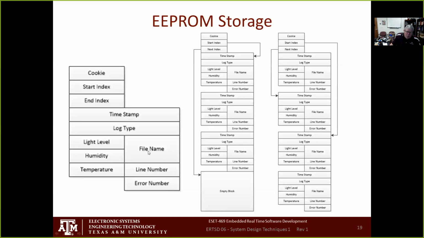So I might assign numbers to my file names, or maybe this is going to be big enough that I can have my file name in here. That makes it really nice when I get ready to debug by logging from the C file, from the line of code that threw the error. I can log exactly where that happened. So that's actually more information than just that you had error XYZ. It says that you had error XYZ while executing the code in this particular location in your C file.